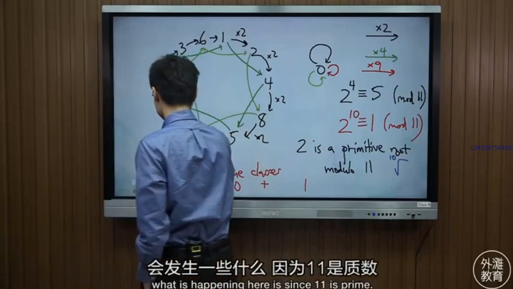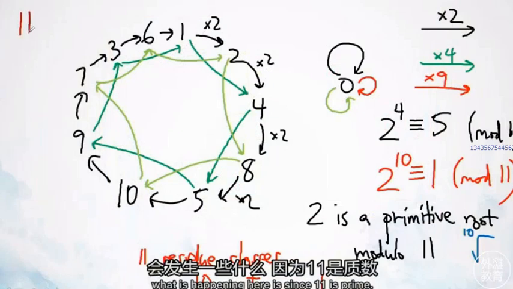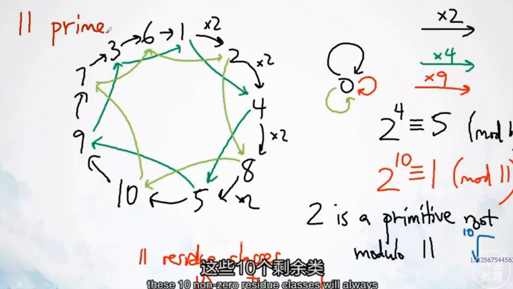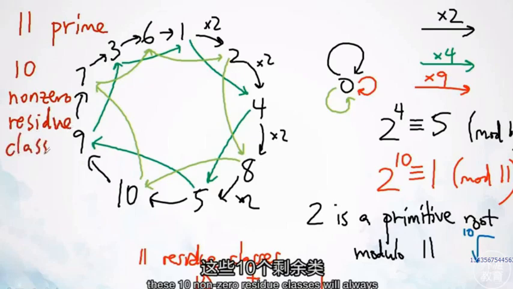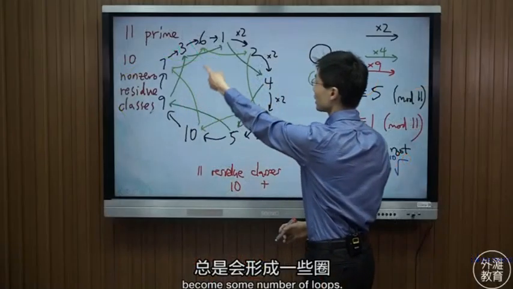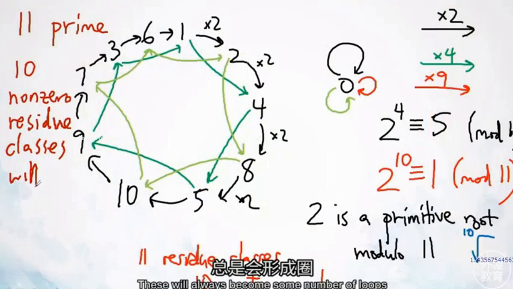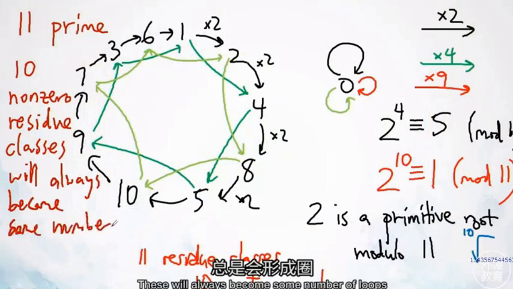What is happening here is that since 11 is prime, these 10 non-zero residue classes will always become some number of loops.